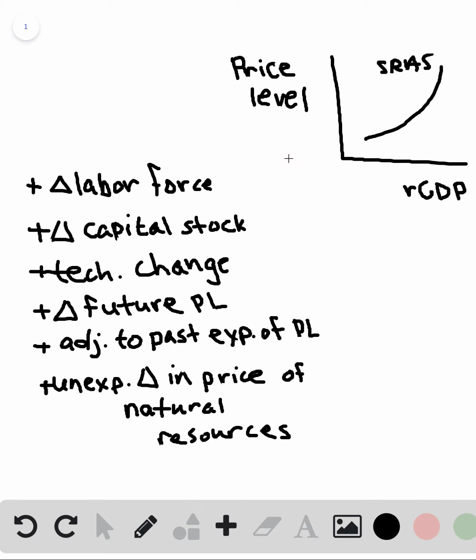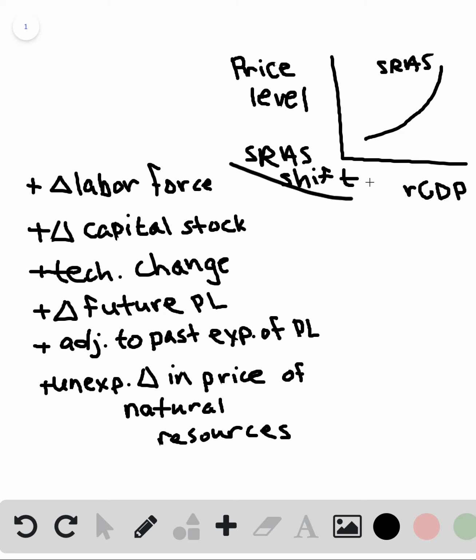Okay, so here we're going to write SRAS shift. Okay, right there, cool. So when we write the shifts, we are going to write a rightward shift of the curve as positive, as a plus sign, and a leftward shift of the curve as a negative sign, just to clarify.